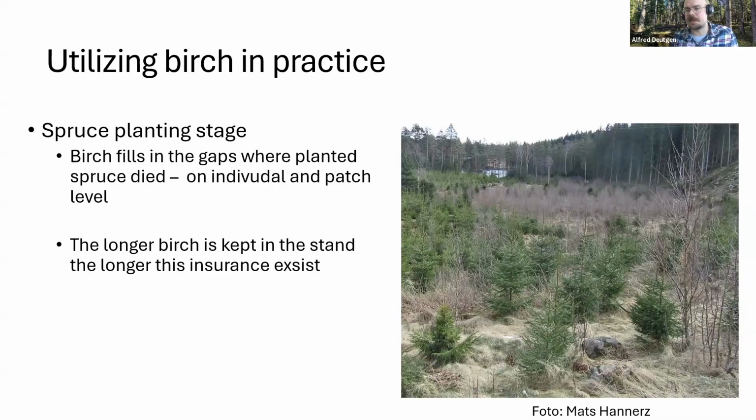If there's one spruce that's died, then you can replace it with a natural regeneration of birch, or even on patch level where it has become a bigger damage event. It's also, the longer you can keep the birch in the stand, the longer you have this insurance that if something happens to the spruce on a large scale, you can always have a tree that is maybe undamaged.